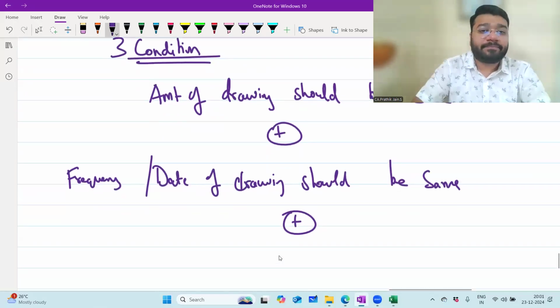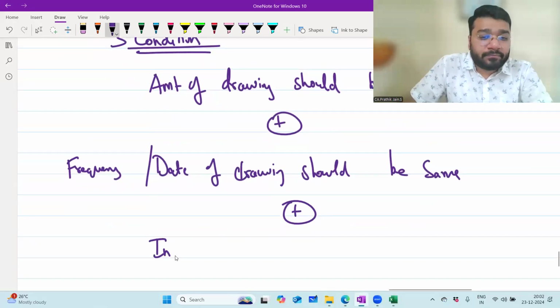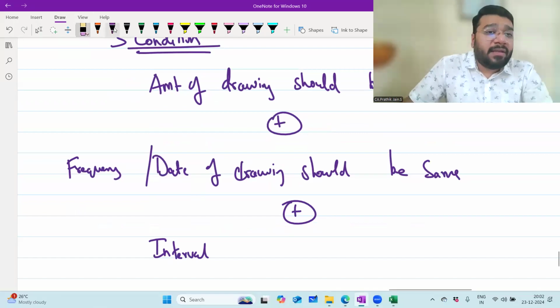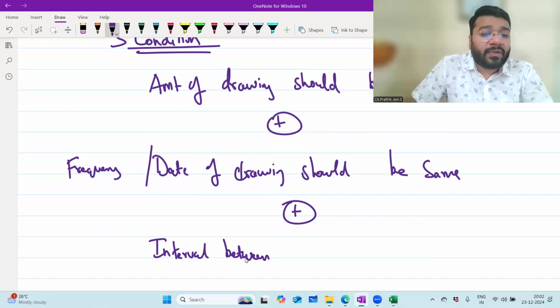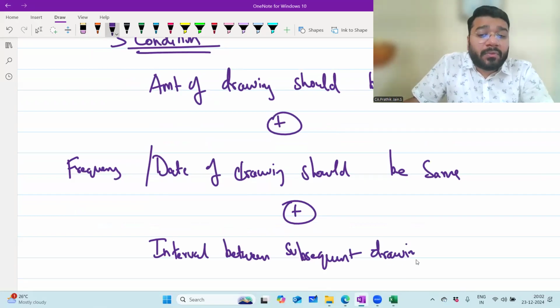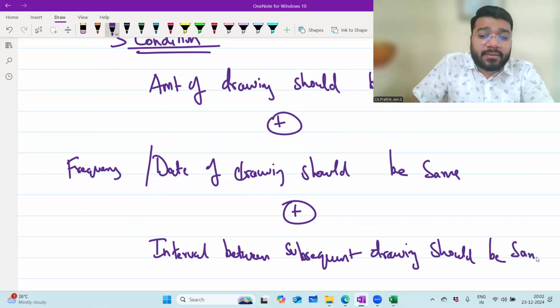Plus interval between subsequent drawing should be same.